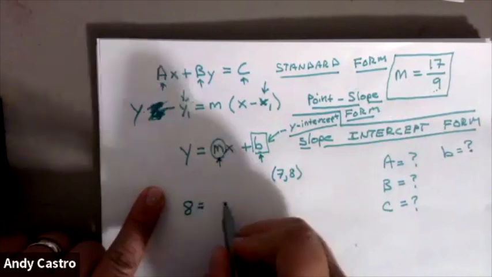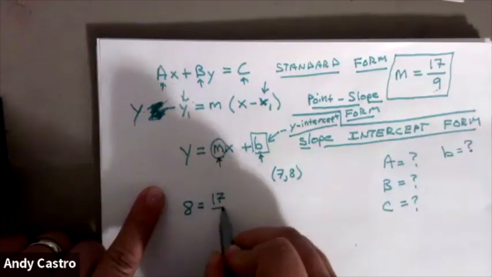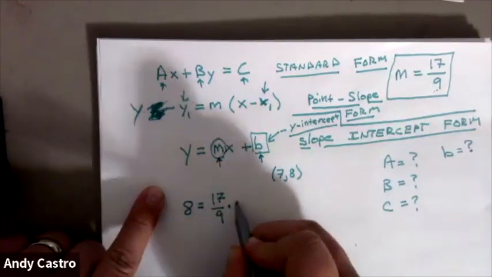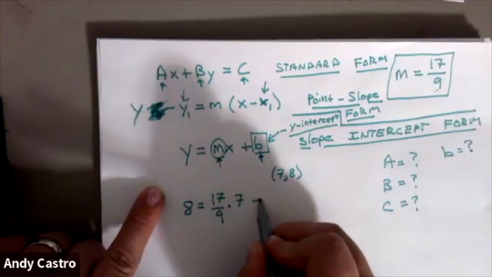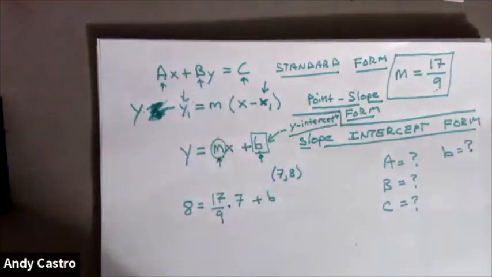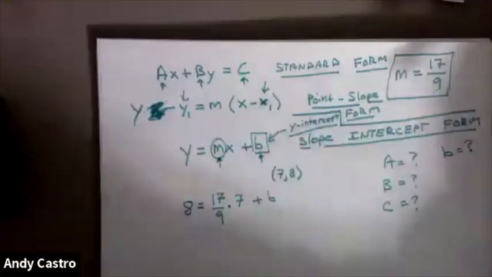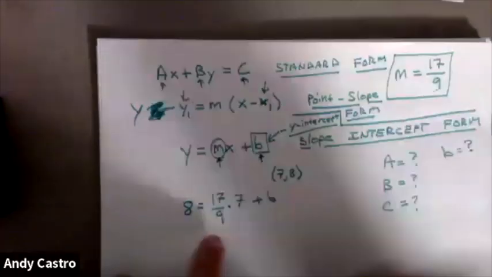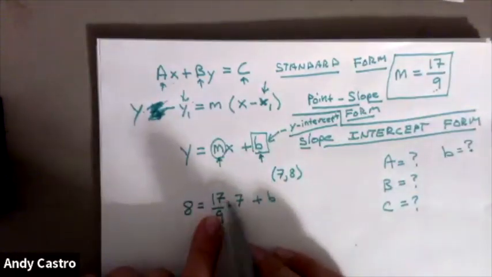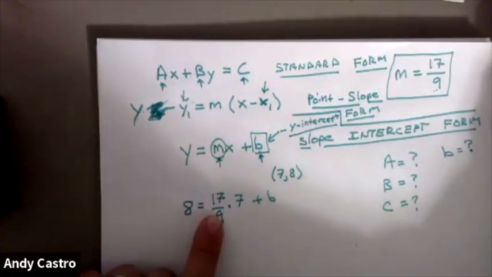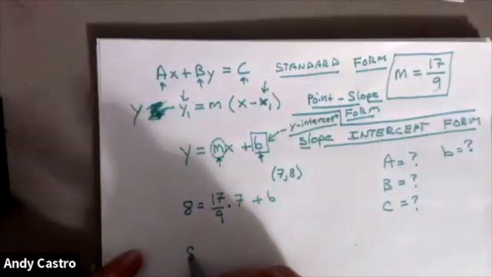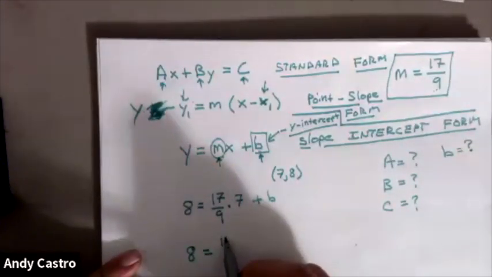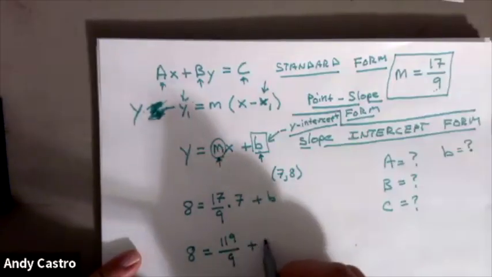8 is equal to 17 over 9 times 7 plus b. All right, now I can multiply 17 times 7. That gives me 119 over 9 plus b.